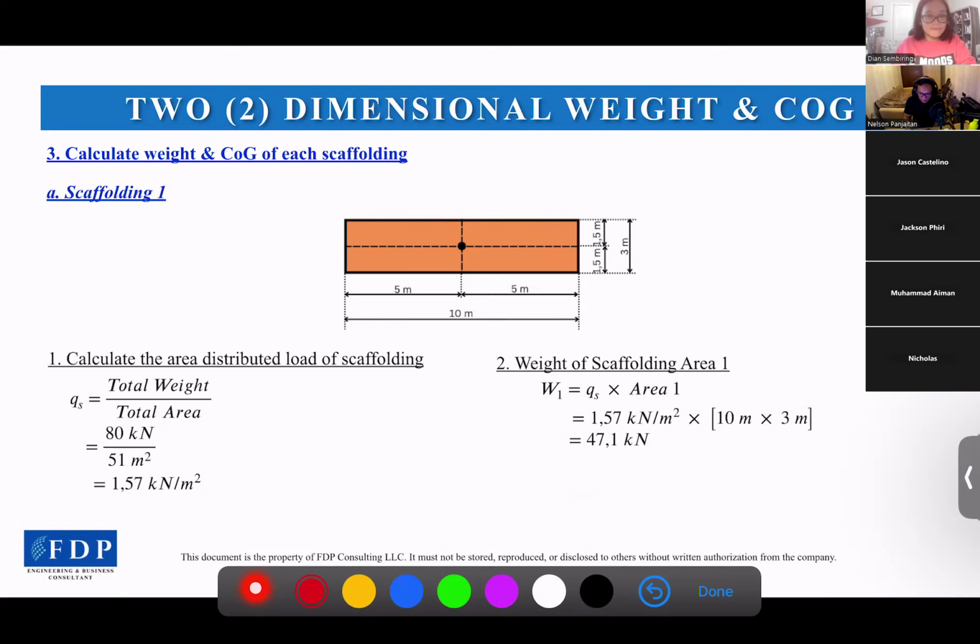The total area 1 is 10 meters times 3 meters, and the area distributed load is 1.57 kilonewtons per square meter. So the weight of scaffolding area 1 will be 47.1 kilonewtons. And for the COG, we can assume that it will be at the center because it's symmetrical.